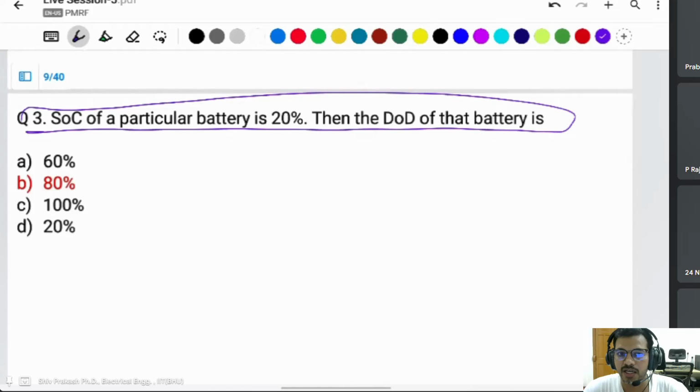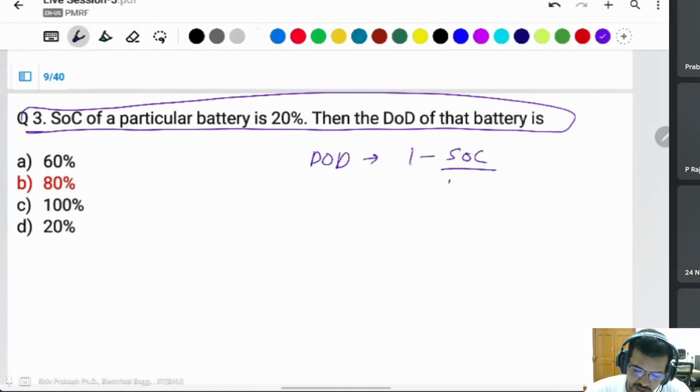If you can't fully discharge the battery, if you take a remaining of some energy in the battery, then that is known as the DOD. But in this case, the SOC of a particular battery is given as 20%, so we can't directly say 80% in practice. But in ideal cases, in this question, you can say 80% because the DOD is simply (1 minus SOC by 100) into 100 in percentage.